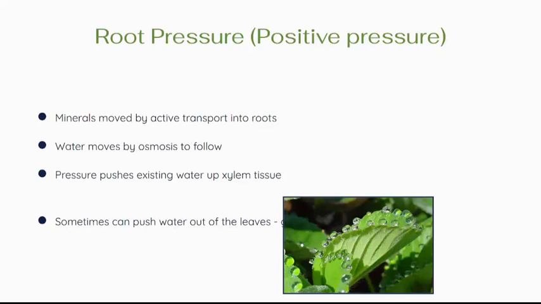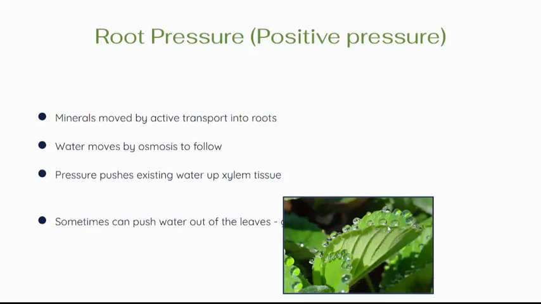Because if you remember, water has a funny property: adhesion and cohesion. It sticks to other things because they're polar, and it sticks to itself because of hydrogen bonding. Sometimes this pressure push can only push water so far, and eventually water is going to climb up by itself.